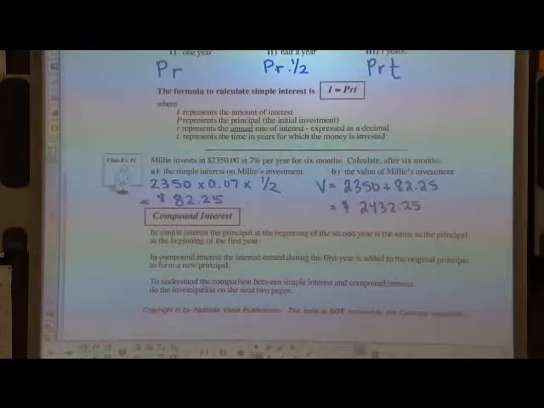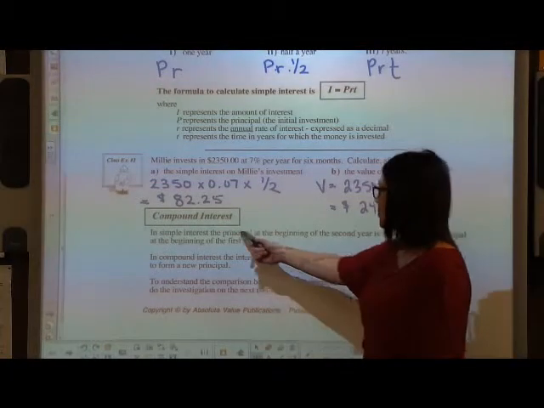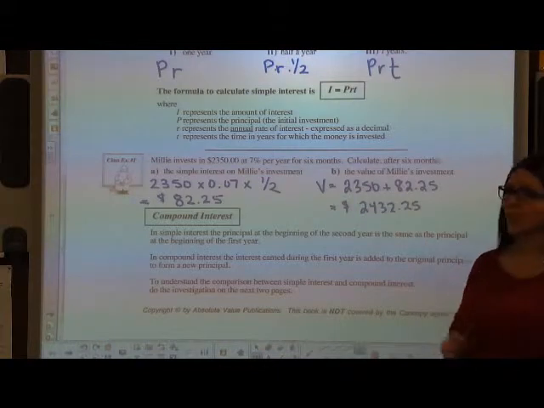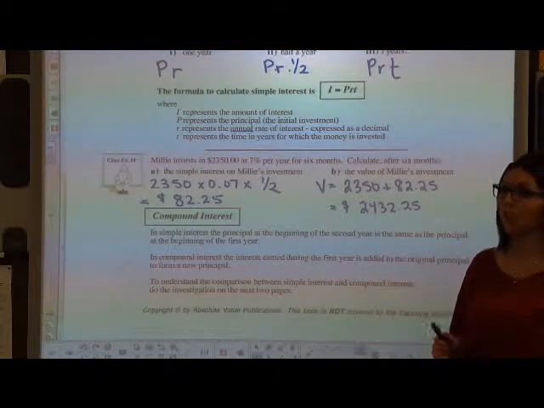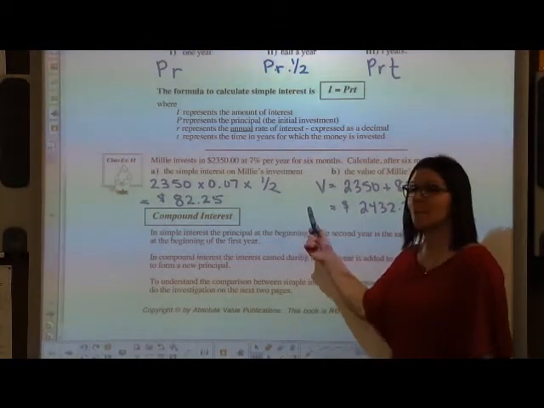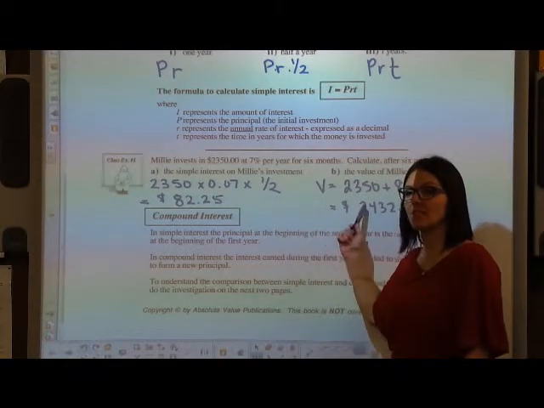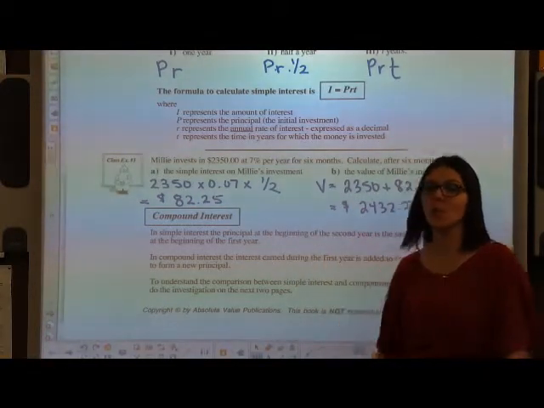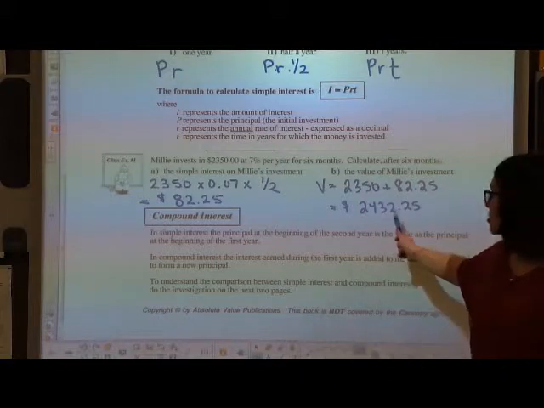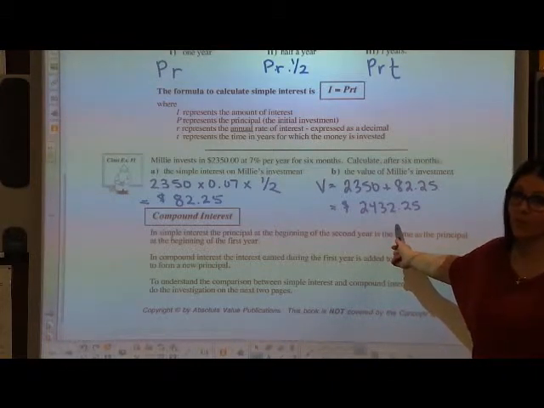That's simple interest. Compound interest is a little bit more complex. In simple interest, the principal at the beginning of the second year is the same as the principal in the first year. So at the beginning of the second year, I would only be earning interest off that $2,350, not off the $2,432.25.